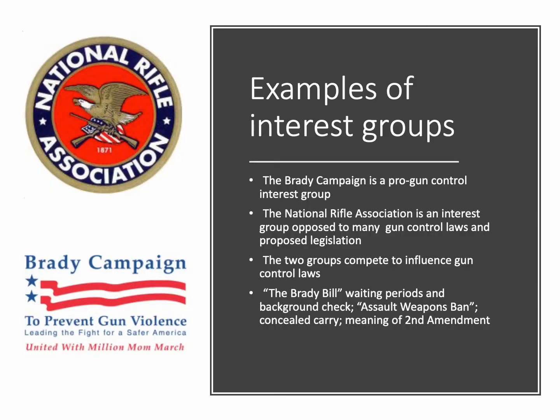So, for example, here are some examples of the way they organize and push against each other. Where gun policy is concerned, we find arrayed a couple of very influential groups. One is the National Rifle Association, which is an interest group that represents the gun manufacturers of the country.